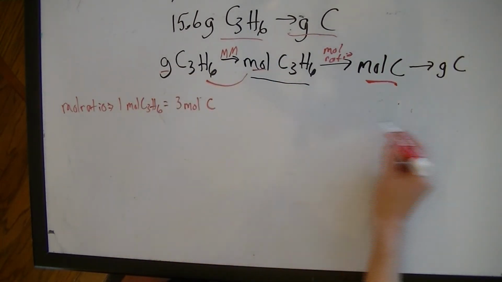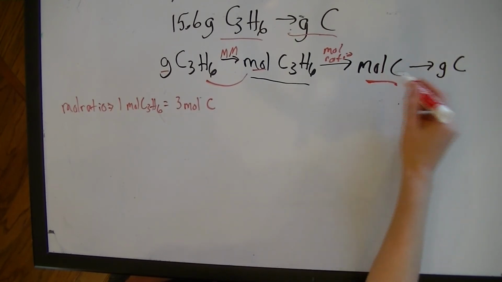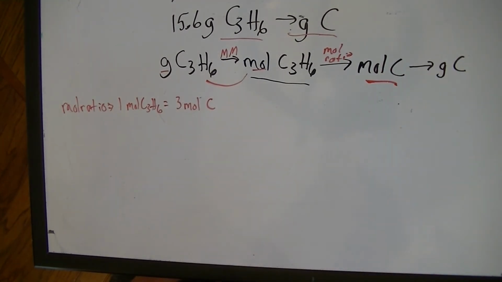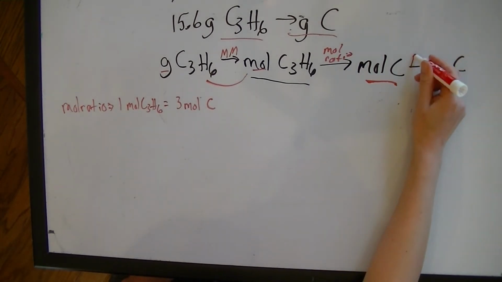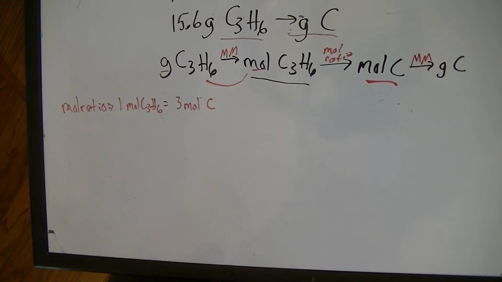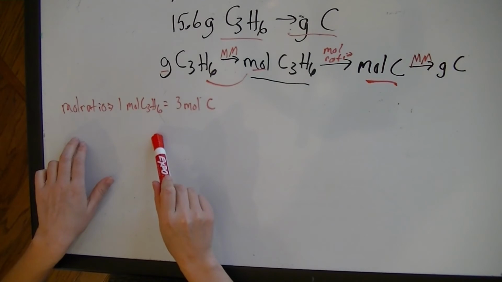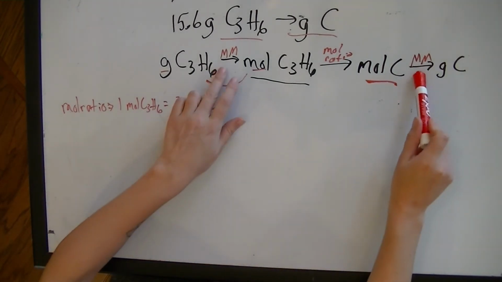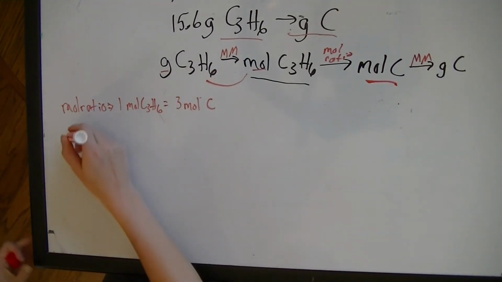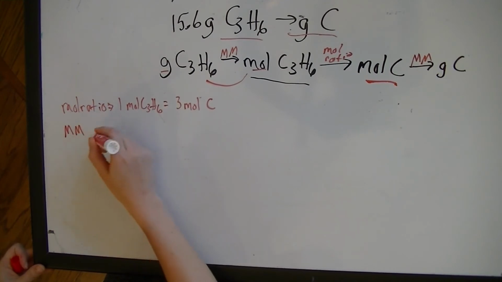All right, so let's go over to this last step. We have moles of carbon going to grams of carbon. Okay, so once again, we're going between grams and moles, so we are going to need molar mass. So what I want to do now is over here where I have one of my conversion factors already, I'm going to get the other 2. So I'm going to need the molar mass of C3H6.